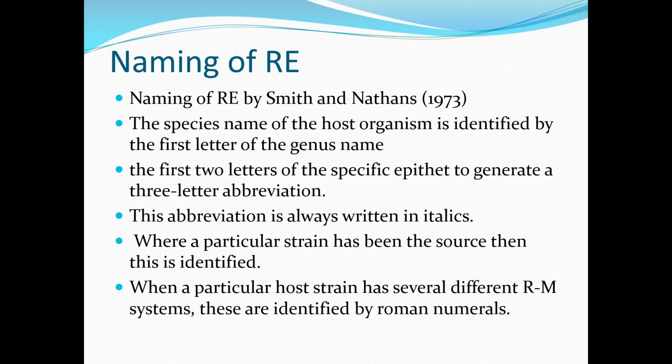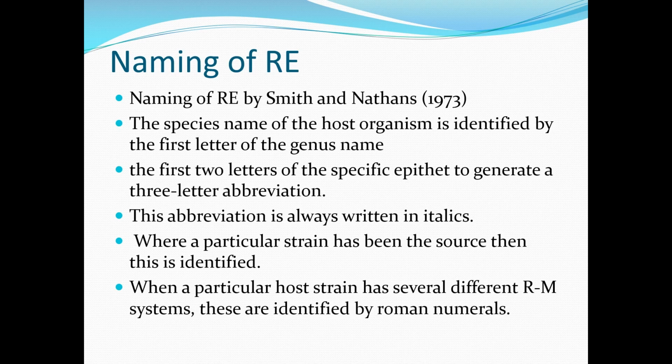How are the enzymes named? The naming of these restriction endonuclease enzymes was done by Smith and others in the year 1973. The species name of the host organism is identified by the first letter of the genus name and the first two letters of the specific epithet, to generate a three-letter abbreviation.